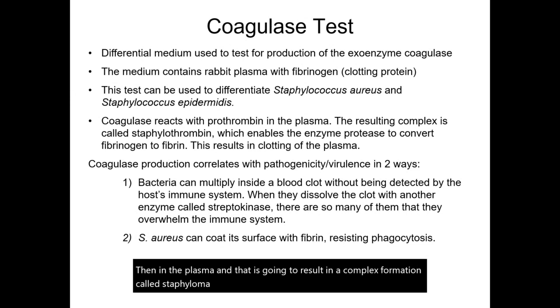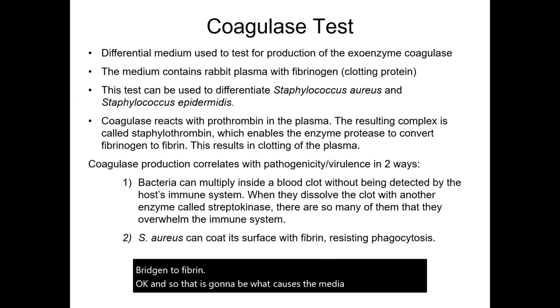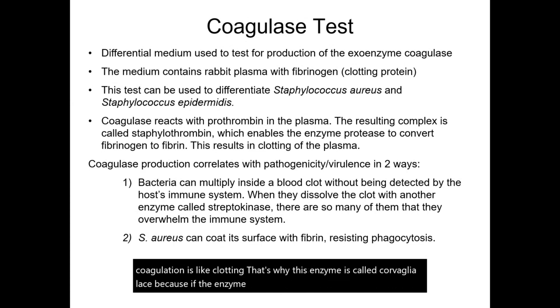And this lets the enzyme convert fibrinogen to fibrin. Okay, and so that is going to be what causes the media to clot. So coagulation is like clotting. That's why this enzyme is called coagulase, because if the enzyme is present, you're going to see clotting.